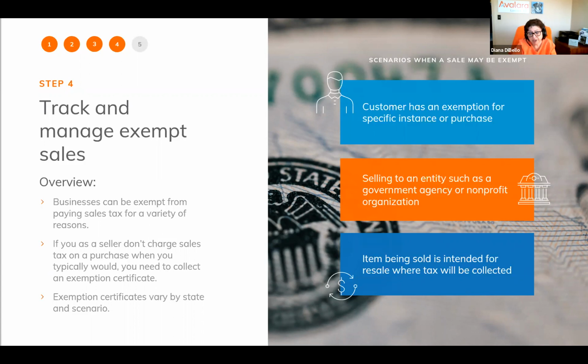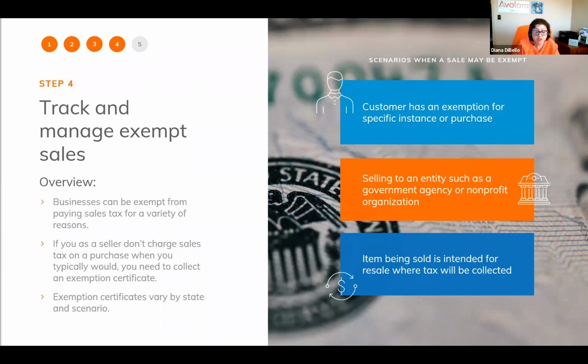So no matter what, when a company is making sales that are exempt for resale, for government, for nonprofit, for schools, there's lots of reasons, then you should have a certificate to support that. So you need to document that sale is exempt and why it's exempt, so that under audit, you have that information available to you.